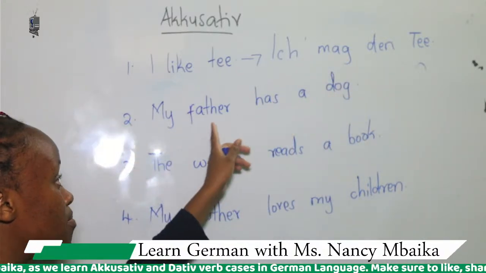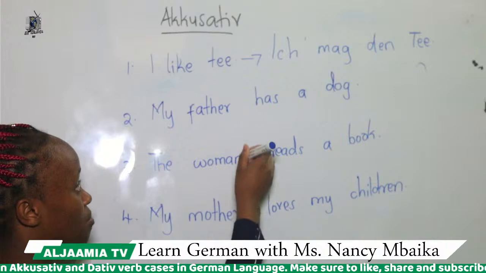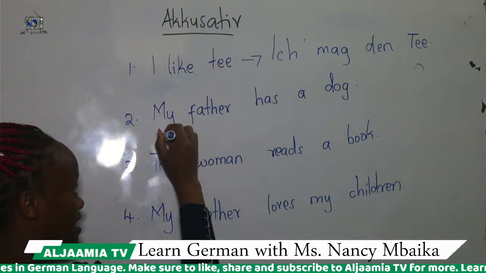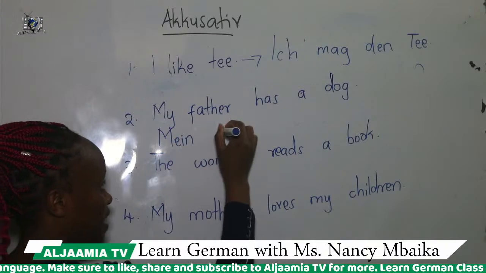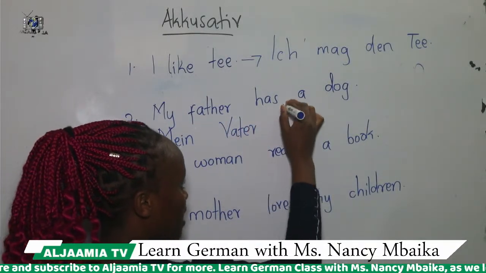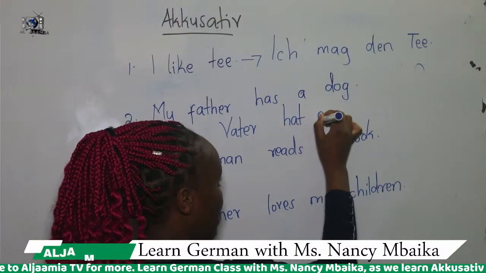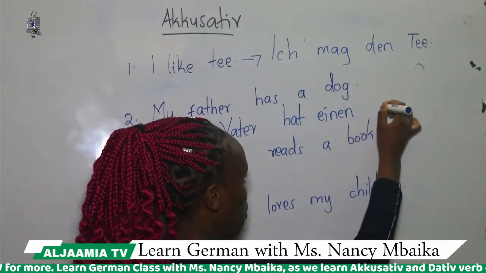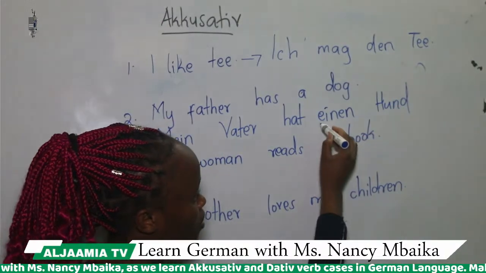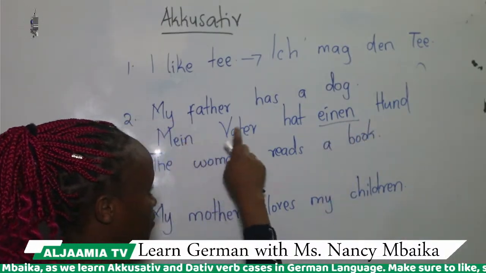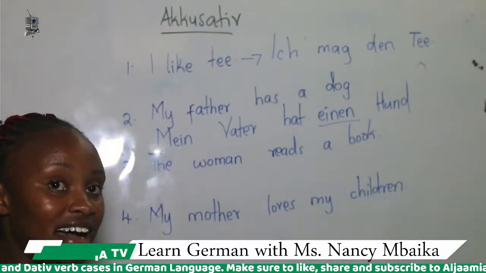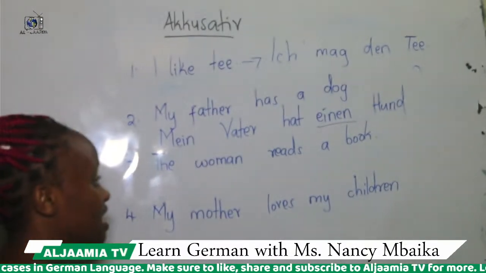So let us look at my father has a dog. I'm going to write it down here. My father is mein Vater, has a dog, I'm going to say hat einen Hund. So also pay attention to einen. Mein Vater hat einen Hund. What does my father have? He has a dog. Mein Vater hat einen Hund.